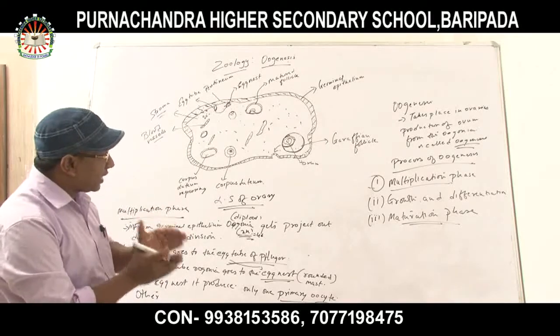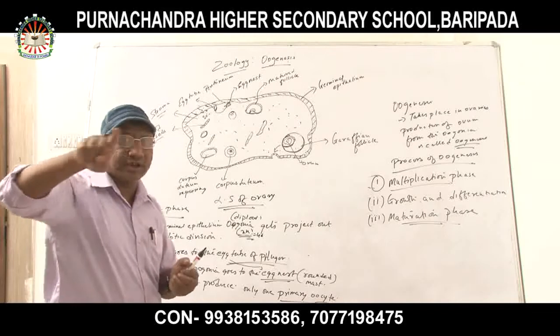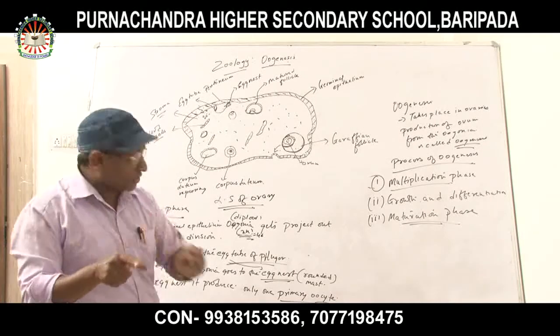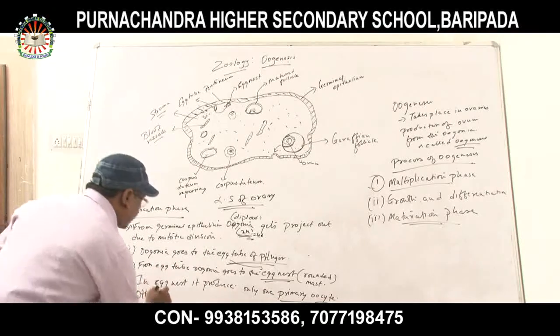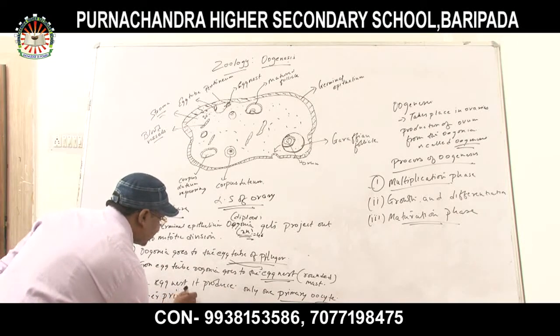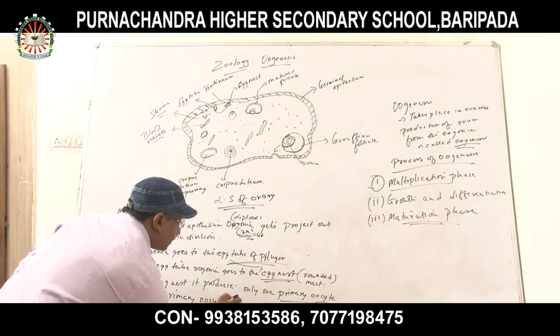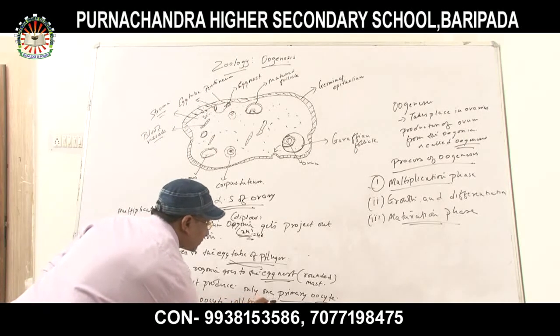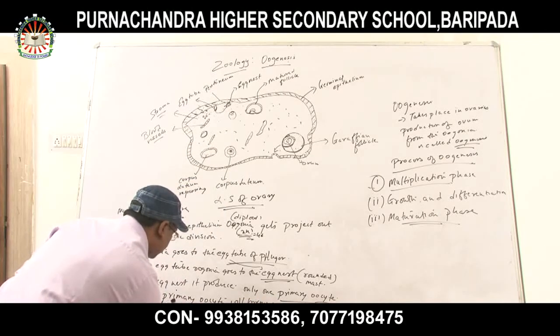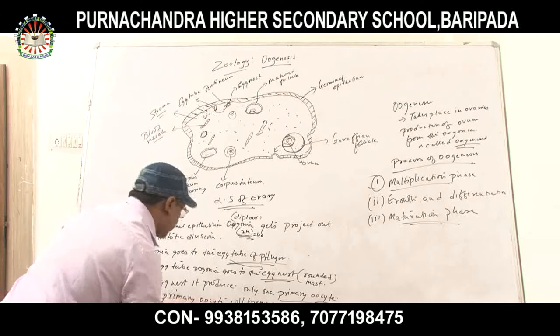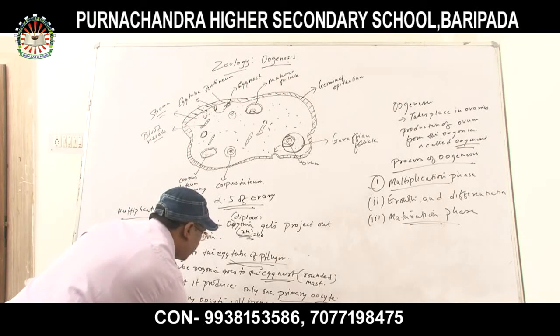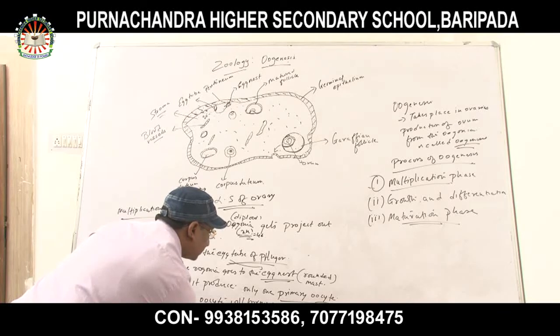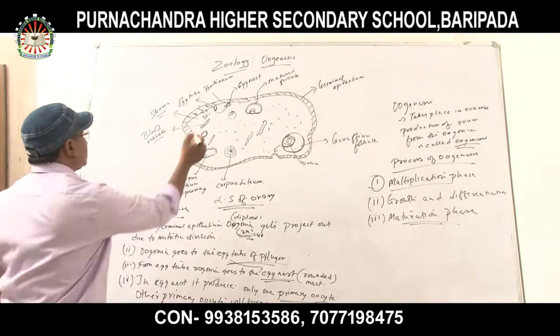They will form a follicular epithelium, a layer around the developing primary oocyte, which further becomes the ovum.